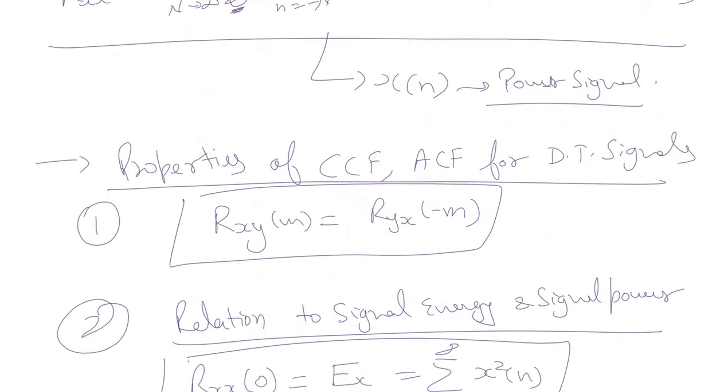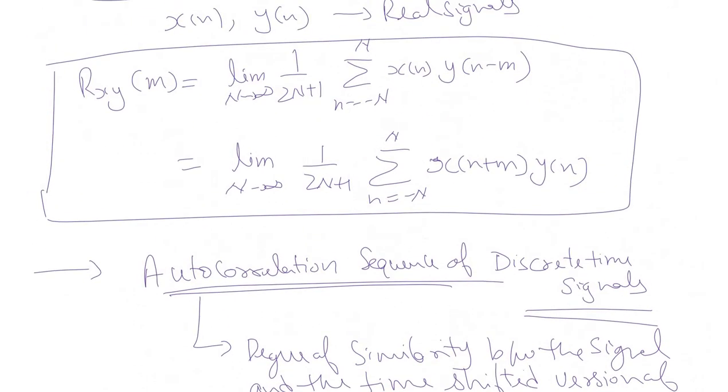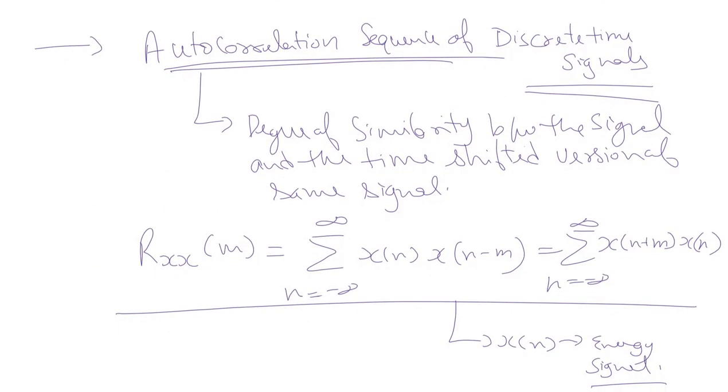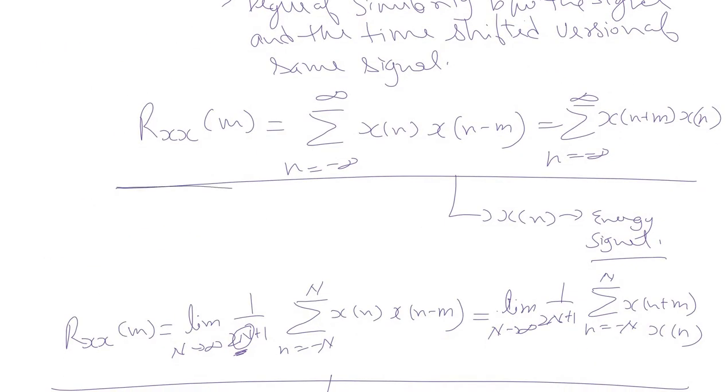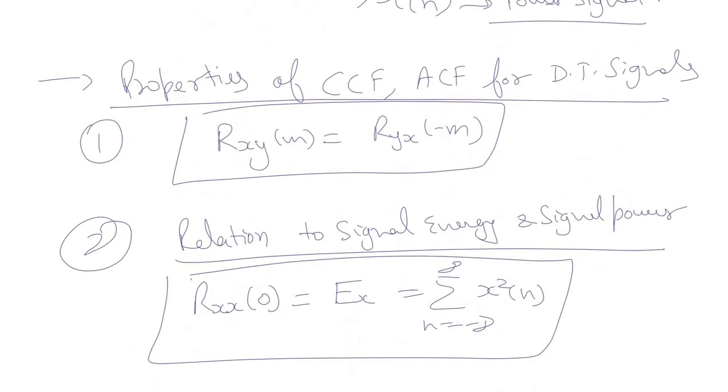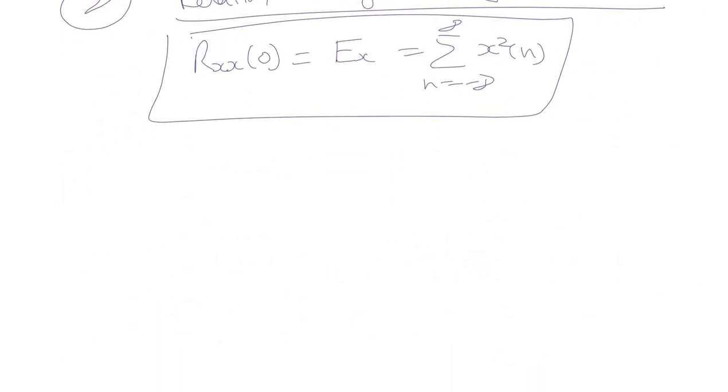Look at the expression of this autocorrelation function. You substitute m as 0, it becomes the summation of x square n, which is nothing but the energy of the signal. And this is when x(n) is an energy signal.